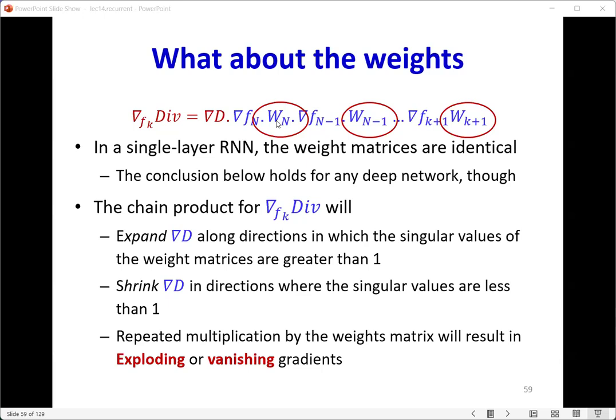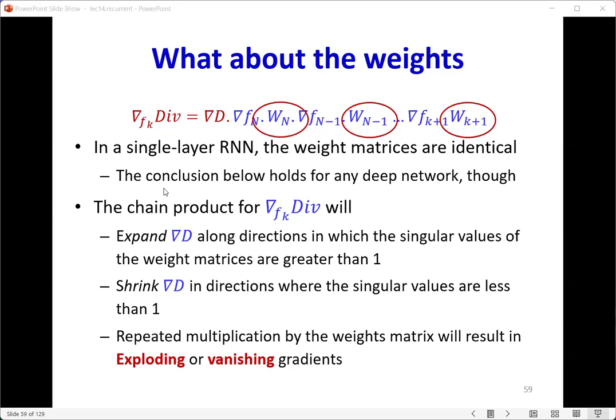Some of the singular values are going to be greater than 1. The majority of them are going to be less than 1. This is just a property of any random matrix. Now, when I multiply a vector by a matrix, the vector is going to grow longer along the directions where the singular values are greater than 1, and it's going to shrink in directions where the singular values are less than 1. Is that making sense?